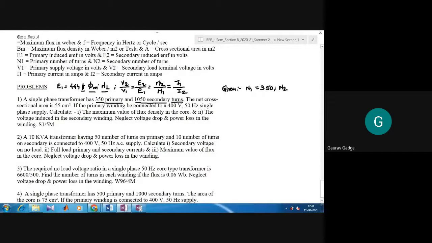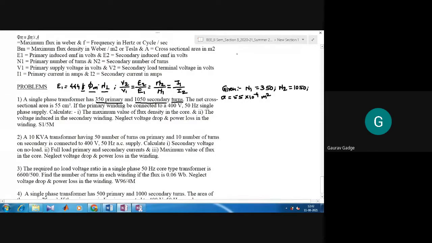Secondary turns N2 is 1050. The net cross-sectional area is 55 centimeters square. To convert this quantity into meter square, it is 55 times 10 to the power minus 4 meters square.